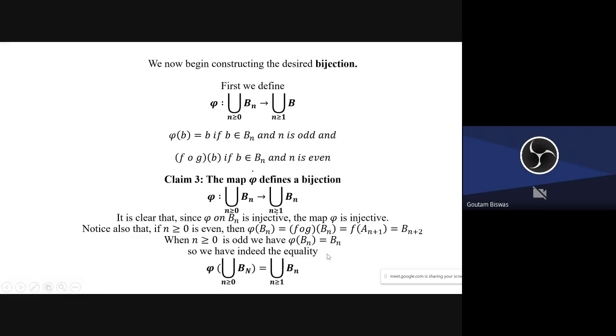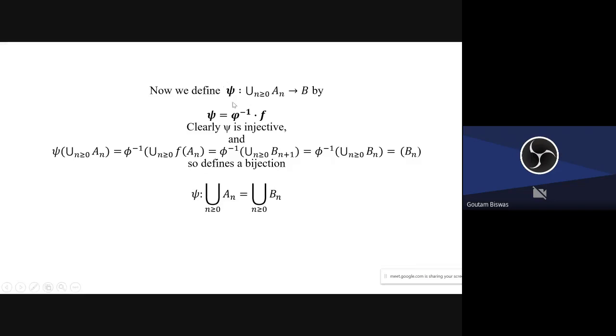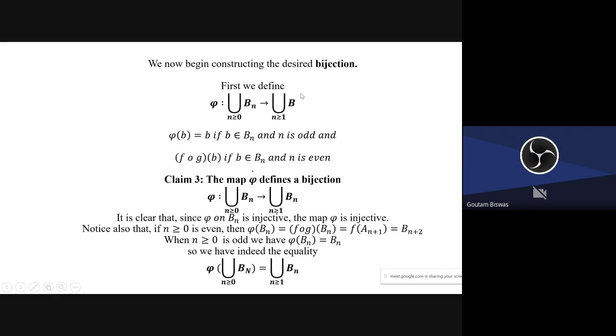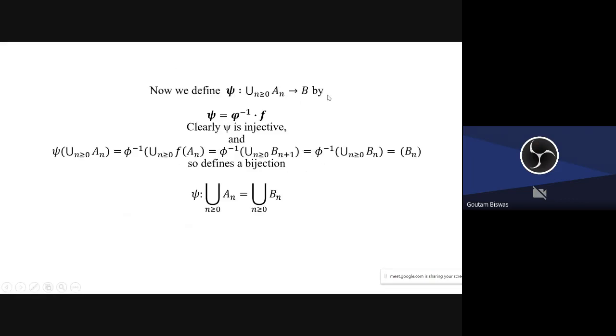Okay. Next, now we define psi. Psi is a function from An to B. Here phi is a function from Bn to B. Here An to B. By psi is equal to this one. This is the definition. Now this is an injective function, and psi of the union of An is equal to phi inverse of f of the union of An.